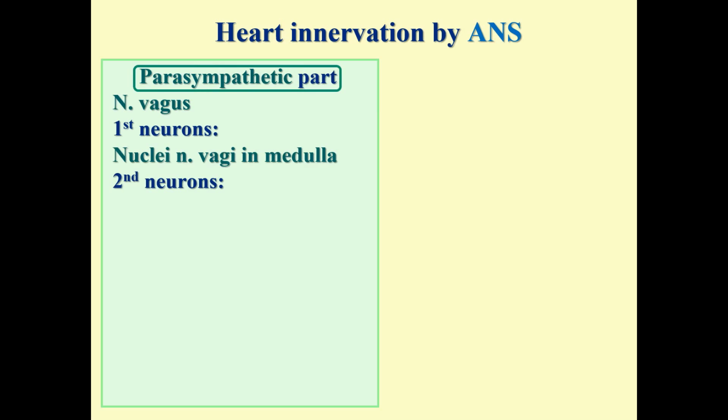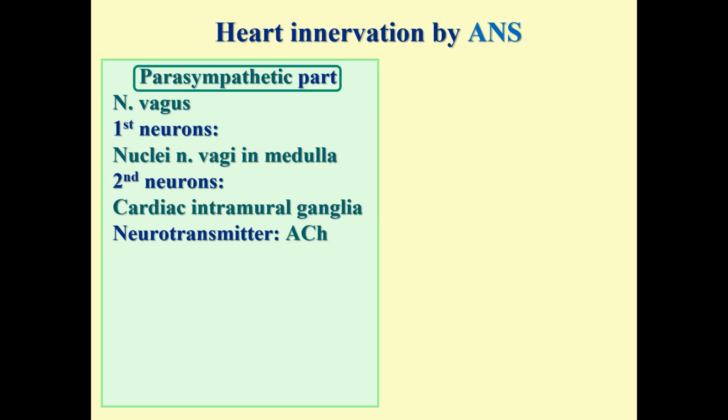Then the second neurons. If you remember, the parasympathetic system has the location of ganglia mostly in the walls of organs, which is called intramural, inside the walls. So the preganglionic fibers go directly to the innervated organ, long preganglionic fibers, and reach the second neurons just inside the heart in this case, the cardiac intramural ganglia. And therefore their postganglionic fibers are short, because they are already in the innervated organ, the target organ.